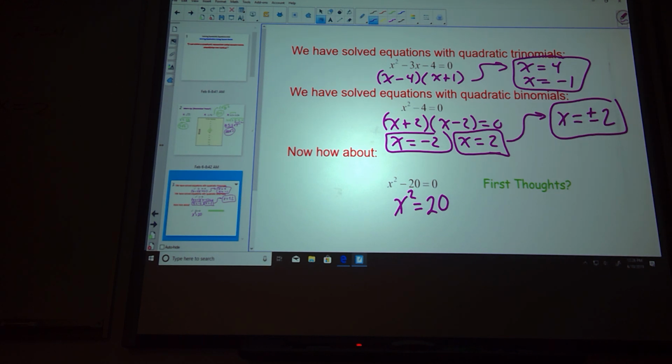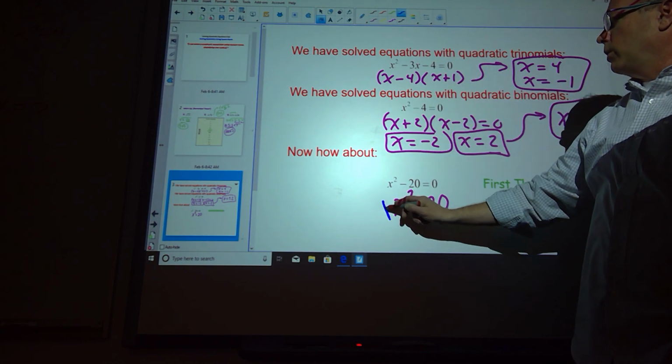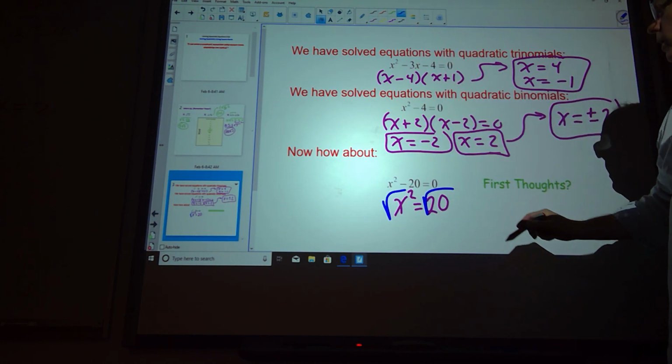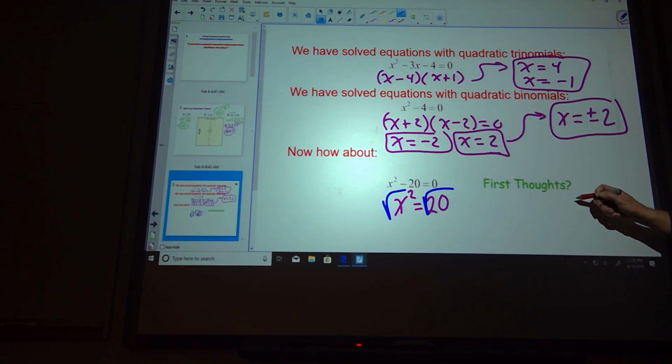I added the 20. Everyone agree? So on your calculator, you have x squared and you have square root. X squared and square root undo each other. So I'm going to take the square root of both sides. Now, when I take a square root of both sides, I have to have a positive answer and a negative answer.